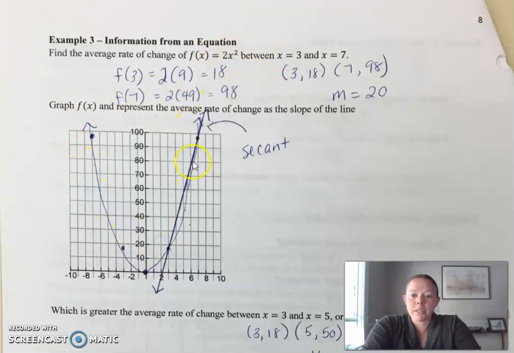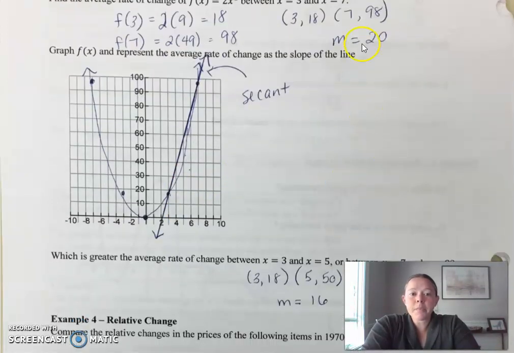That's this big parabola. And represent the average rate of change as the slope of the line. So I plotted these 2 points and then connected them with this line, and that's that secant line that goes through those 2 points. Had it hit the graph at one point, we would call that a tangent line. Just a little review there. But that 20, that's the slope of that secant line.